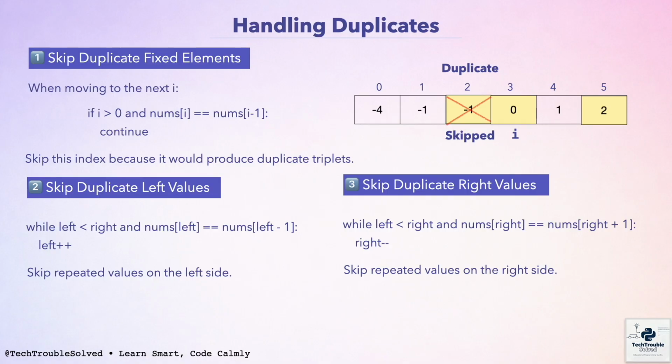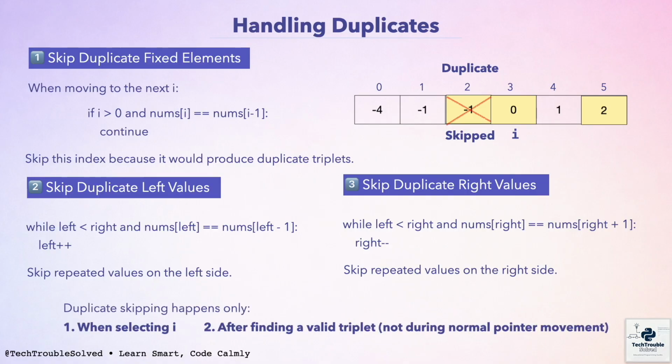One important thing to remember is that duplicate skipping happens only in two situations: when selecting the fixed element i and after we find a valid triplet. We do not skip duplicates during normal pointer movement because that could cause us to miss valid combinations.